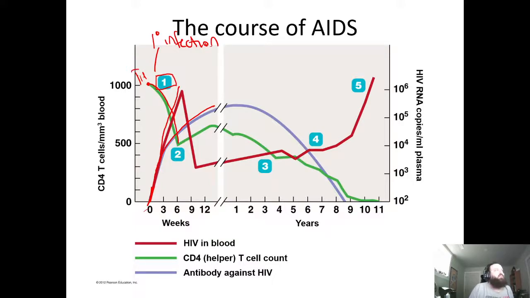At that point, we enter into our second stage, in which the immune system kicks in. It starts to produce antibodies, and the number of free viruses drops. So you can see in blue, the number of antibodies is rising. In red, the number of virus is dropping because the antibodies are doing their job.